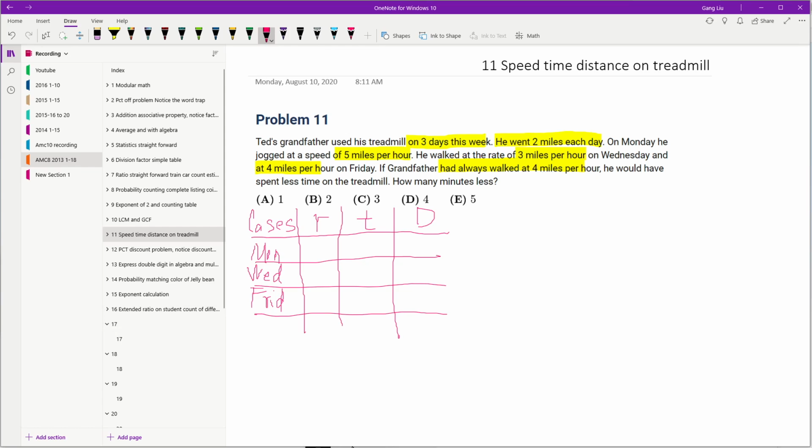Then the last case is always 4 miles per hour. So on Monday, that's 5 and has to use 2 miles. And Wednesday is 3 miles per hour, and Friday is 4, always 4, going to be 6.